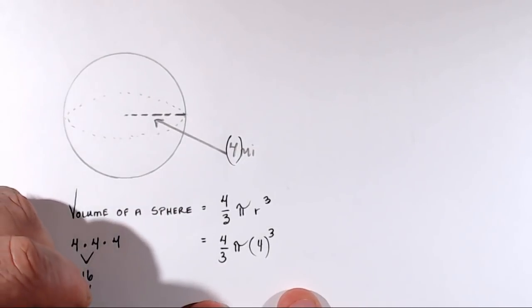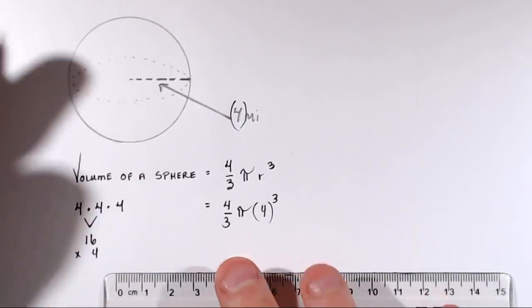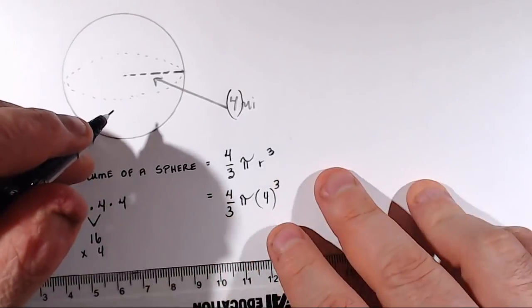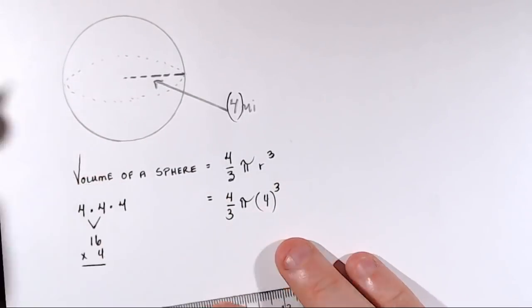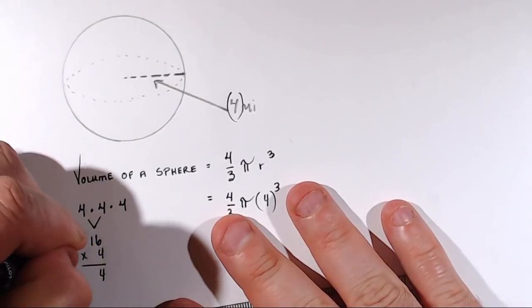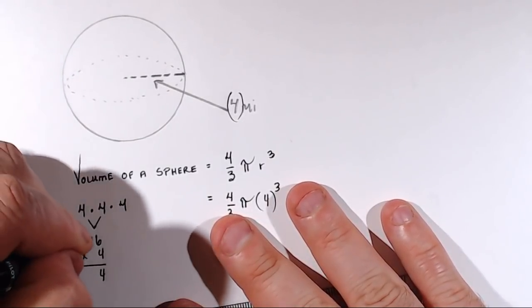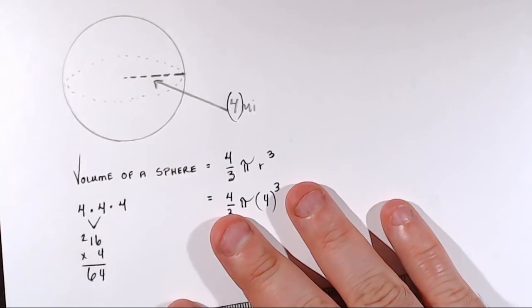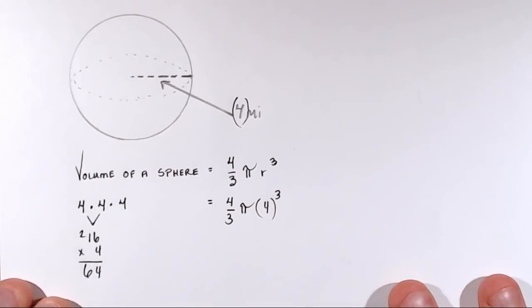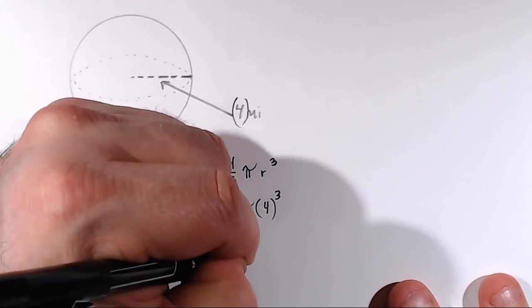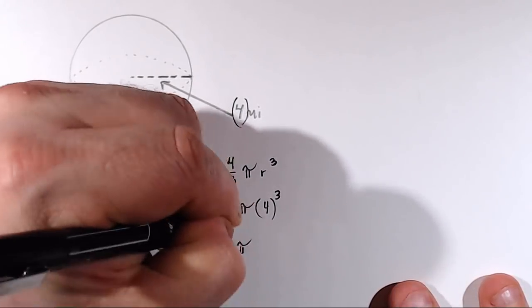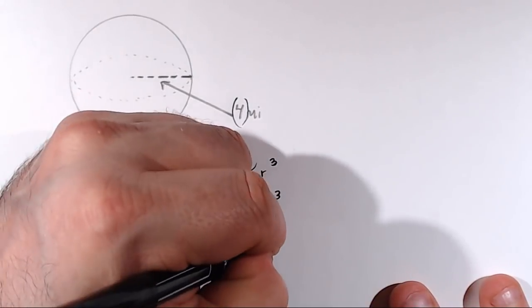And then I can multiply by that final 4. 16 times 4. 6 times 4 is 24. 4 times 1 is 4 plus 2 is 6. So 16 times 4 is 64. So this volume is equal to 4/3 pi times 64.